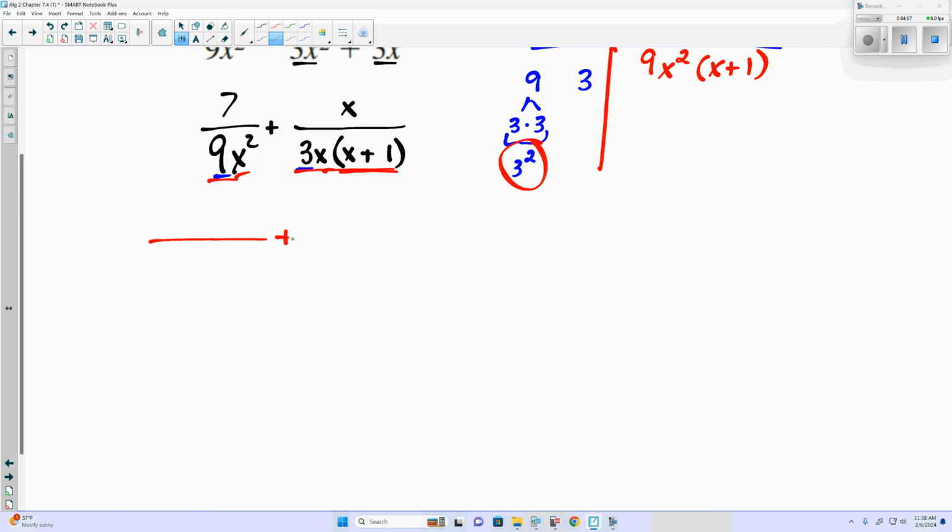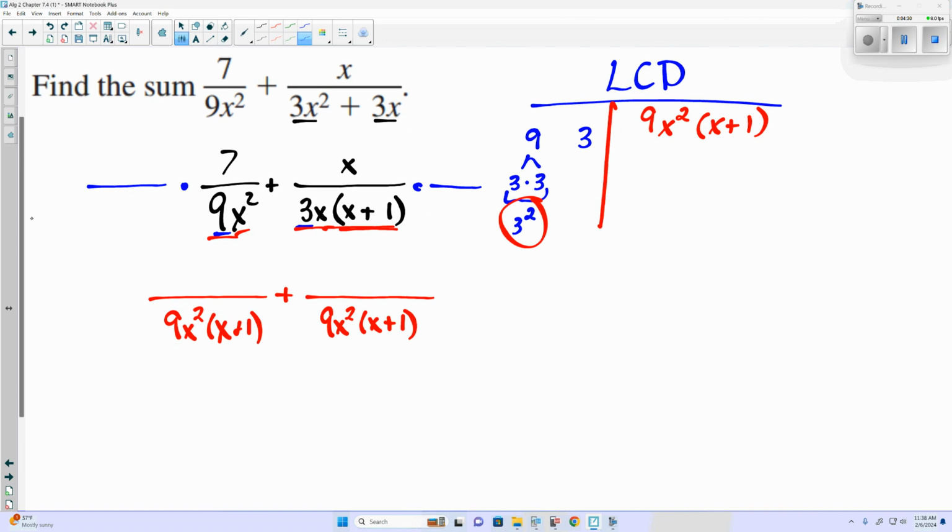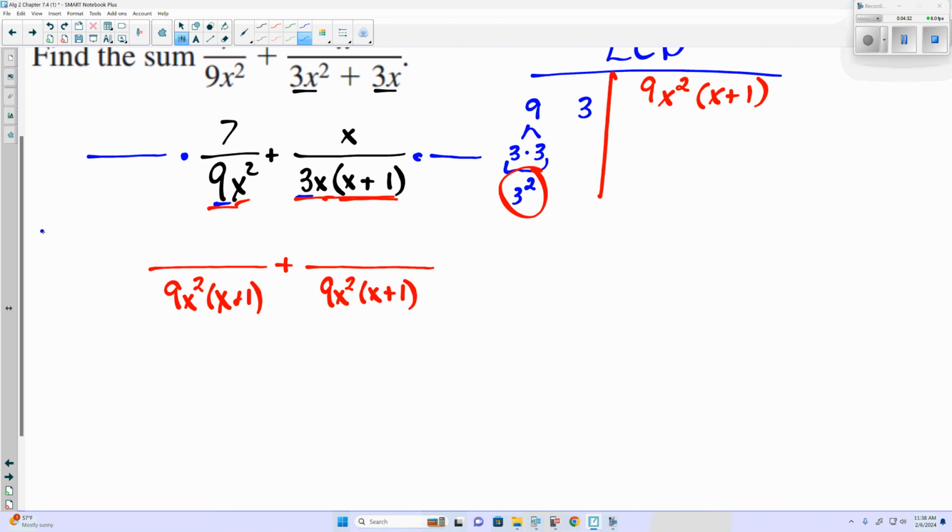So when we go to add them, we need both of the denominators to be 9x squared times x plus 1. We need both of them to be this so that we can add these together. Now to do this, we need to multiply both of these by a certain expression to get there. Now the one on the left, it has 9x squared already.